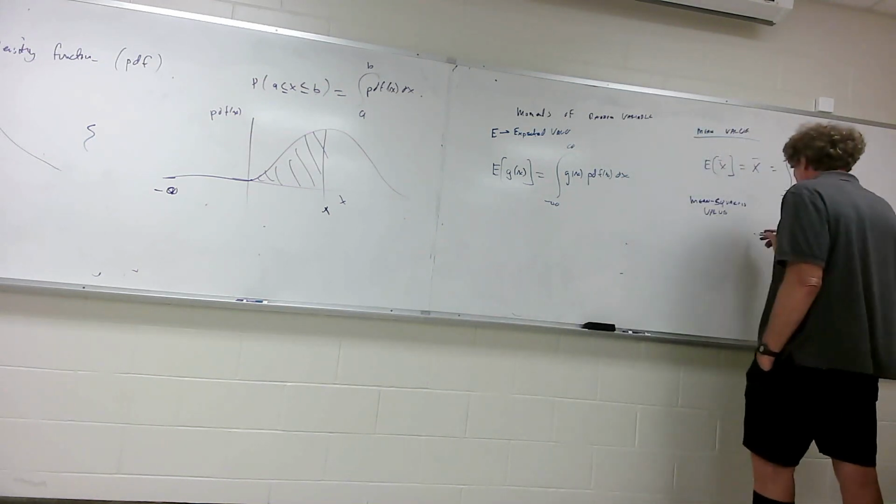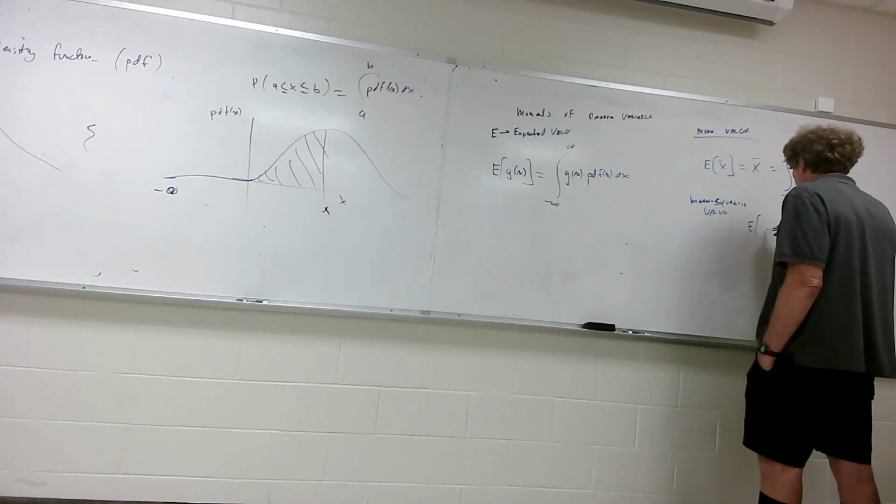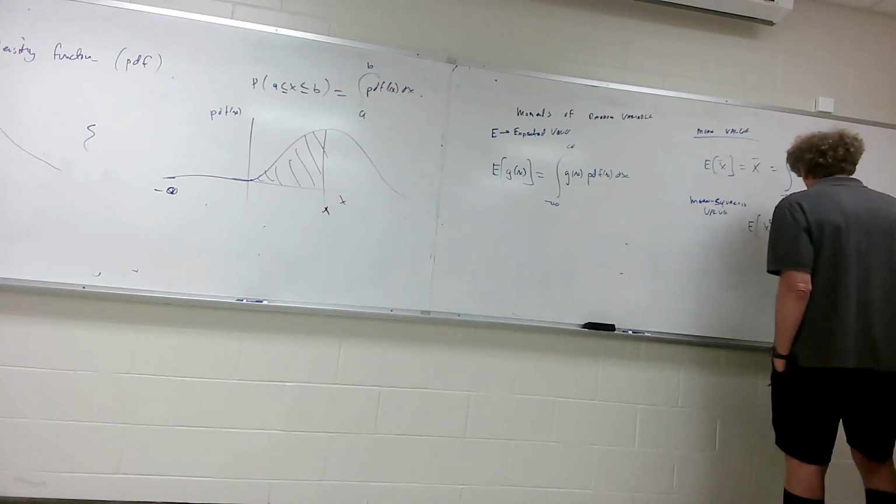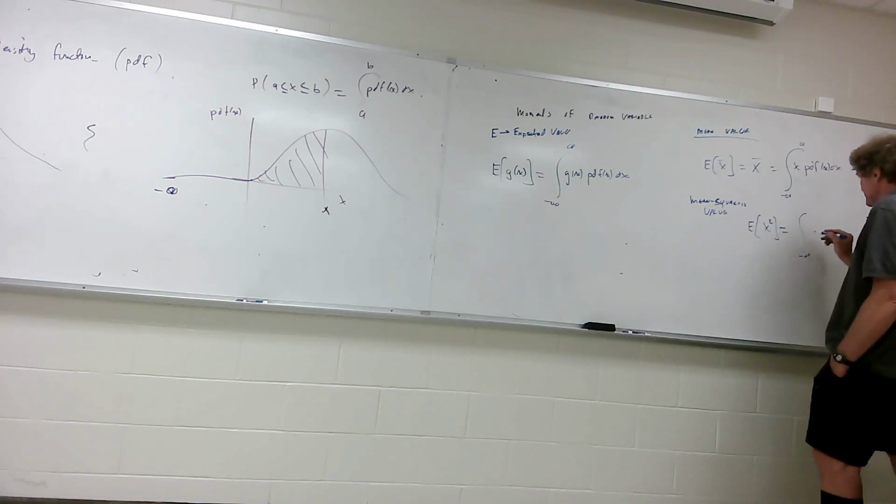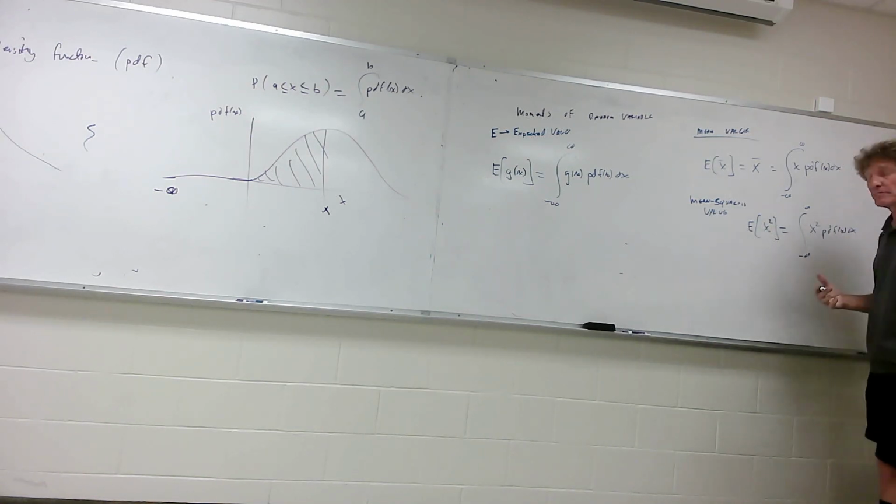Now, what is the mean squared value? As the name implies, I'm simply going to take x and square it. So it's the integral from minus infinity to infinity of x squared times the PDF of x dx. That would be the mean squared value.